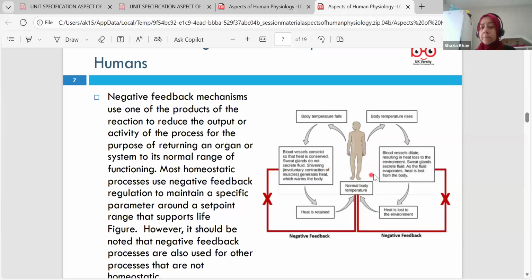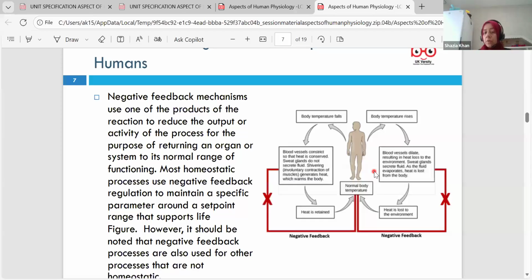So let's say your body temperature falls, and what happens if it's very cold? It has a negative feedback mechanism. The blood vessels constrict so that the heat within your system is conserved. So there's more contraction of your blood vessels. Your sweat glands do not secrete fluid.